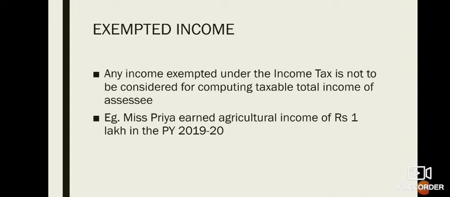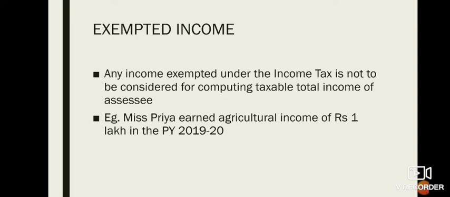I repeat once again, if any agricultural income is earned in India, meaning the agricultural land belongs to India, then it is exempted from tax. Similarly, if the agricultural income belongs to some other country, let us take the example of Pakistan, the agricultural land situated in Pakistan, and if we receive any income from foreign agricultural income, in that case that income is taxable. Only Indian agricultural income is exempted from tax.